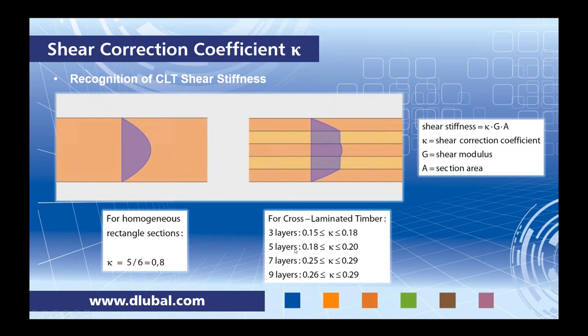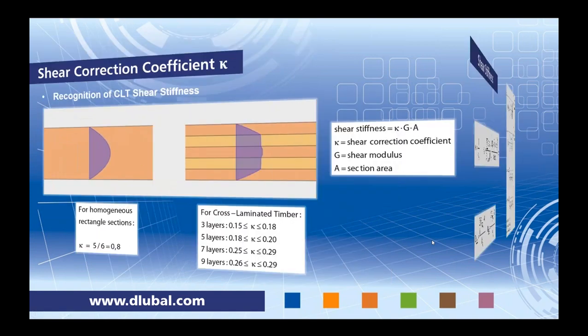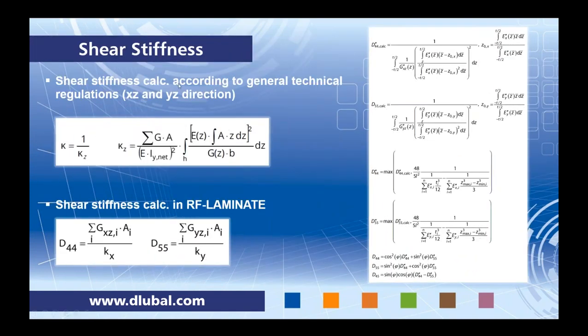There are several suggestions from research to use these ranges for 3, 5, 7, 9 layers. The question is, what if we get to a point where we have 10 layers? Or what if we really want an exact coefficient within this range, but we don't know where exactly we fall within this range? Well, the good news is that the program does this automatically. So shear stiffness coefficient calculations according to general research and regulations, and this is also in the CLT Handbook for the USA.